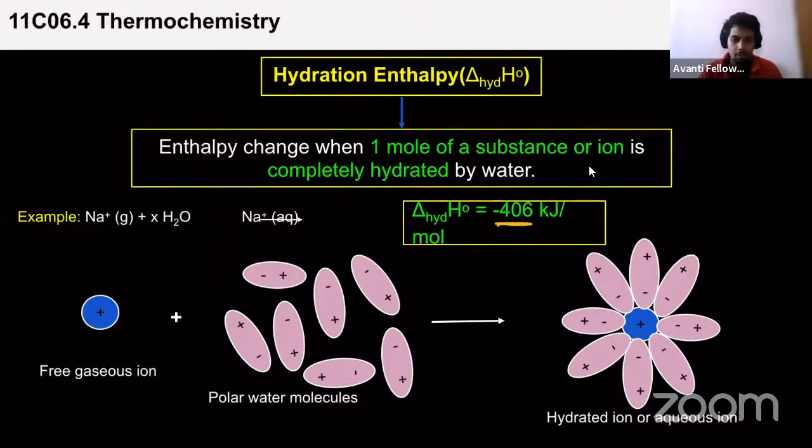No need to remember the numbers here. So why is it exothermic? Whenever we are dissolving the cation in water, due to the attractions between the cation and the solvent molecules, there will be a release of energy. This release of energy is nothing but an exothermic reaction. Due to attractions between positive and negative charges, energy is being released.